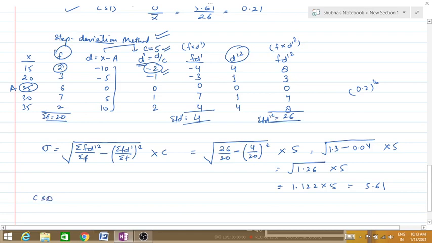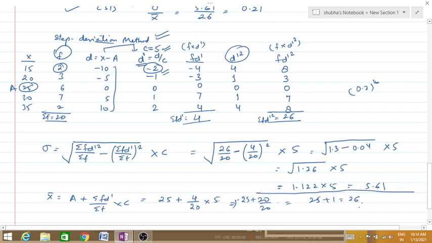To calculate CSD we need mean. So first we will calculate mean. Now mean formula will be mean is equal to a plus sigma fd dash over sigma f into c. By putting the values, a is 25, fd dash is 4 over 20 into 5. So it becomes 25 plus 20 over 20, 5 into 4 is 20, it becomes 25 plus 1 is equal to 26.